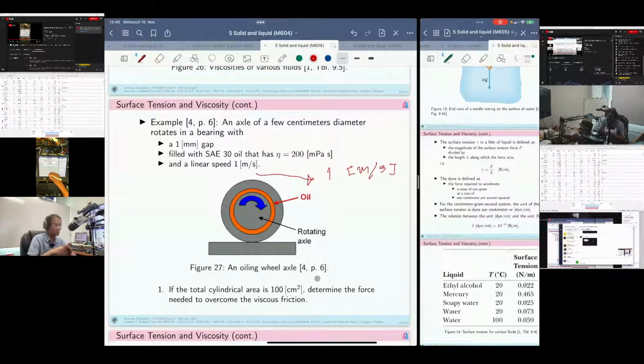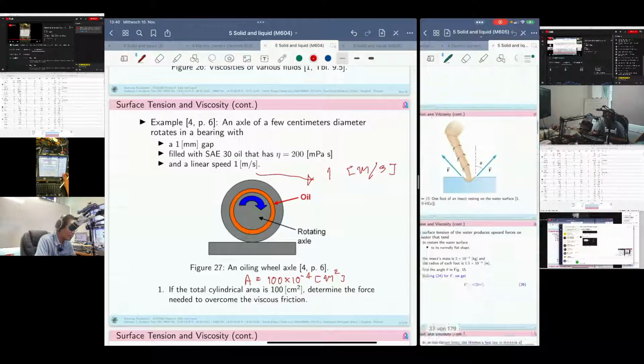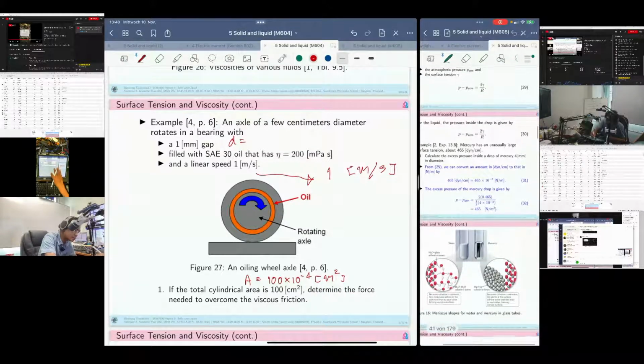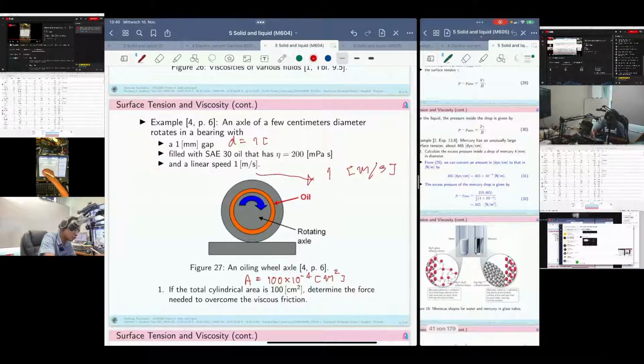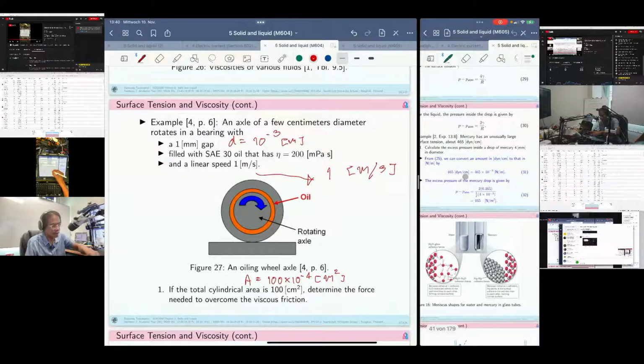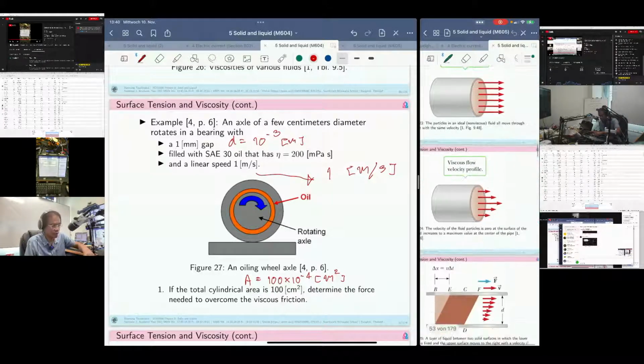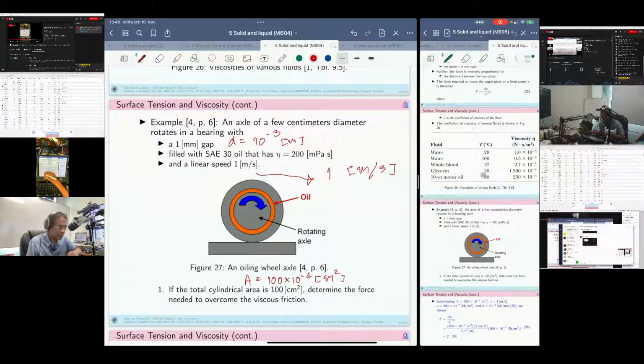What they have provided is A here, which is 100 times 10 to the negative 4 in the SI system, meter square, and eta is what they have provided there. D is 1 millimeter, or in the SI system is 10 to the negative 3 meter. The unit here is already the same as what we have learned.